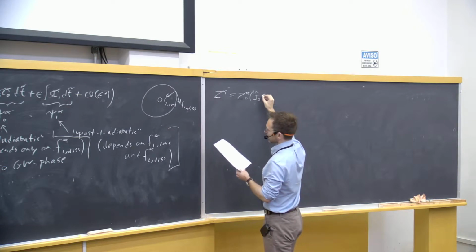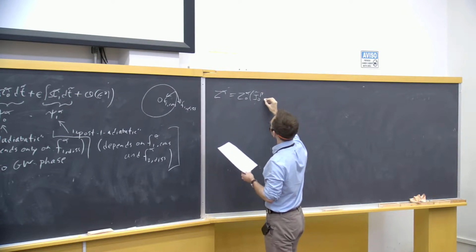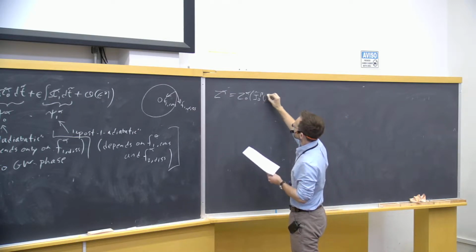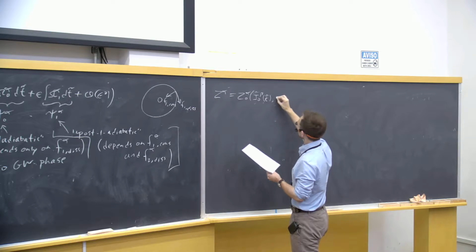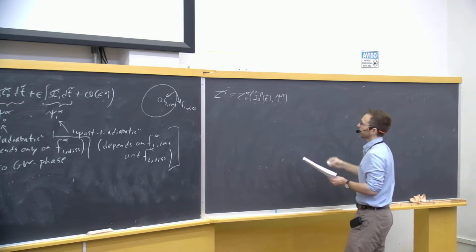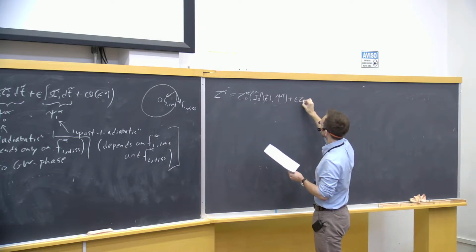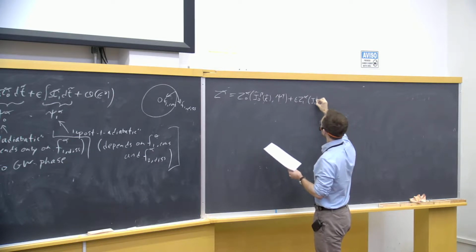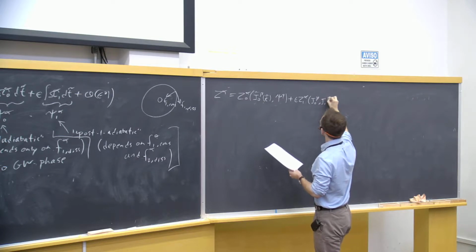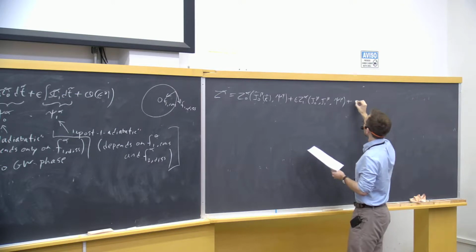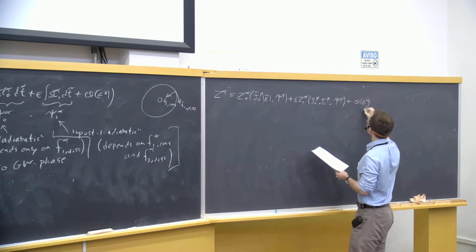It's a function of the constants of motion, which depend on slow time, and all these phases. Then we have a correction, which depends on J0, J1, and the phases. And then you have higher order terms.